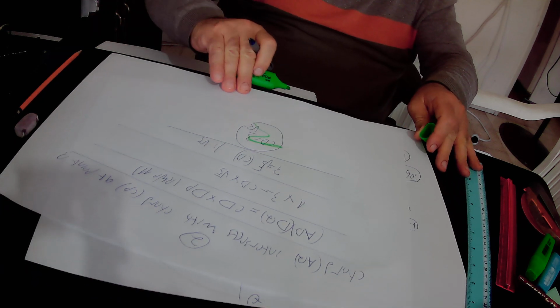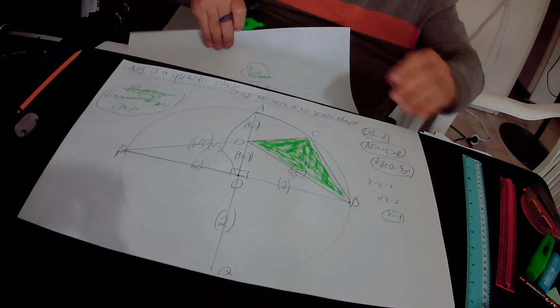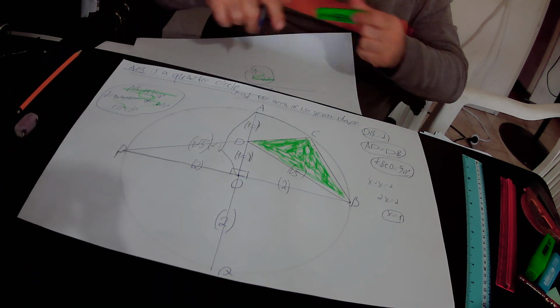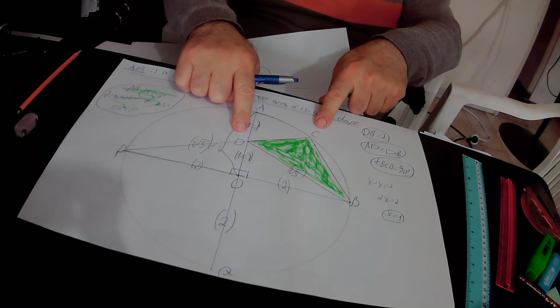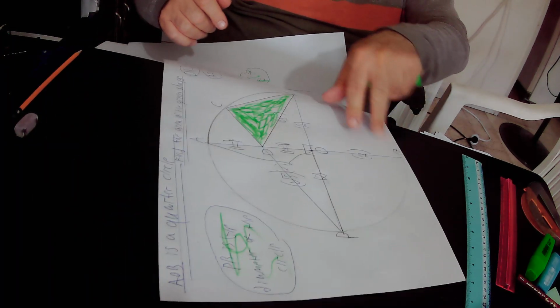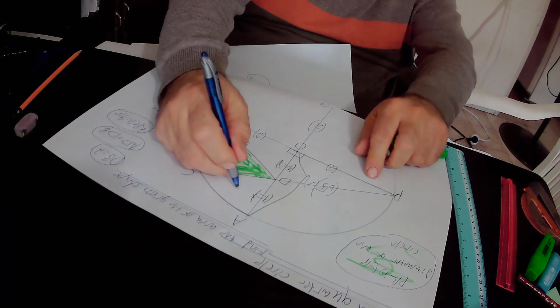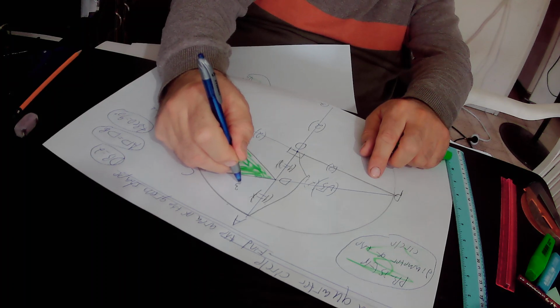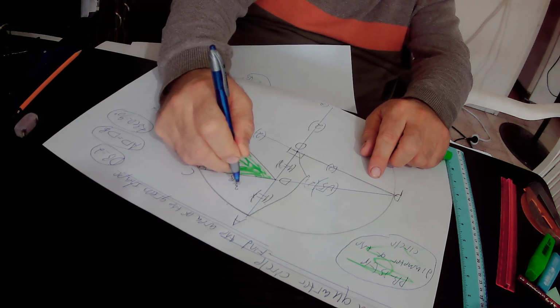So actually, this is side CD that is equal to 3 over the square root of 5 units. So I write it down. CD equals 3 over the square root of 5 units in its length.